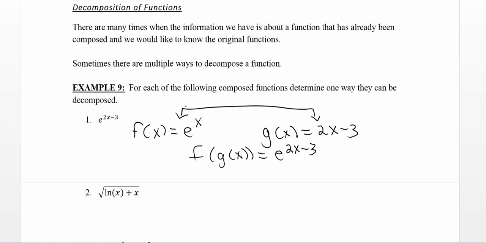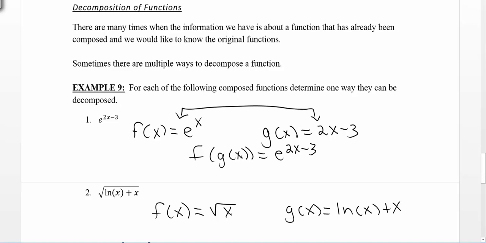Number 2, I have the square root of the natural log of x plus x. Here, if I let f of x equal the square root of x and g of x equal the natural log of x plus x, then f of g of x will give me the square root of the natural log of x plus x.